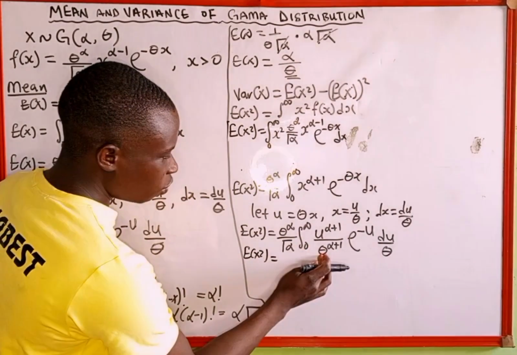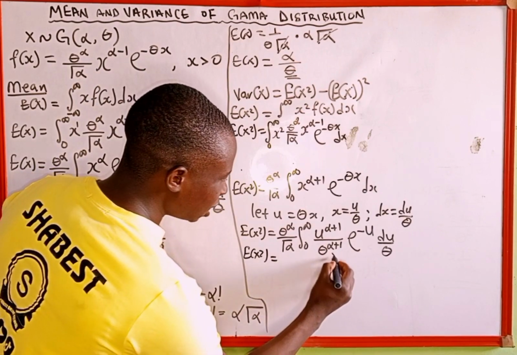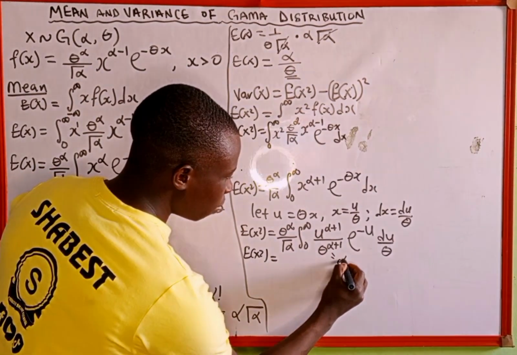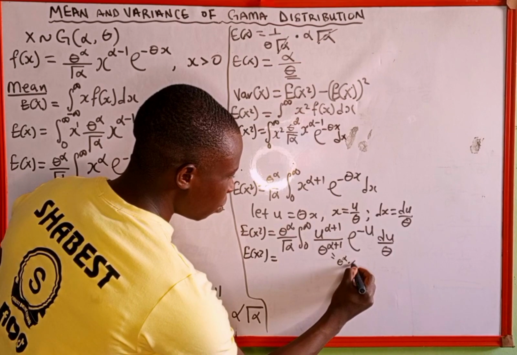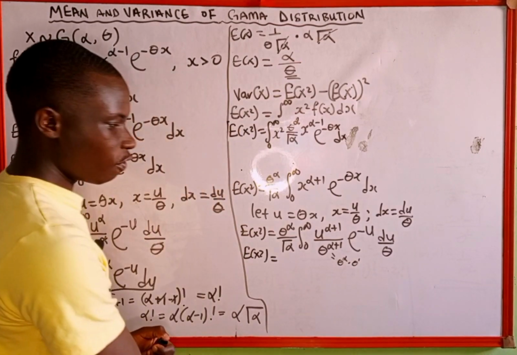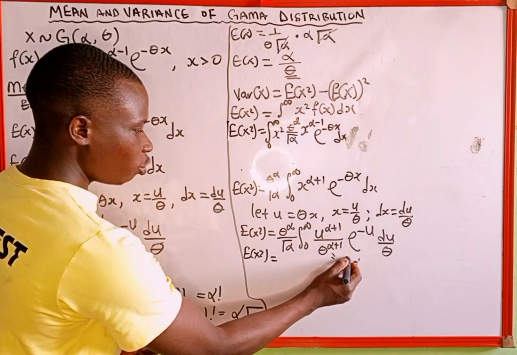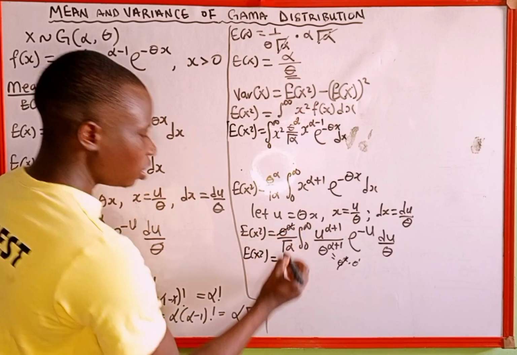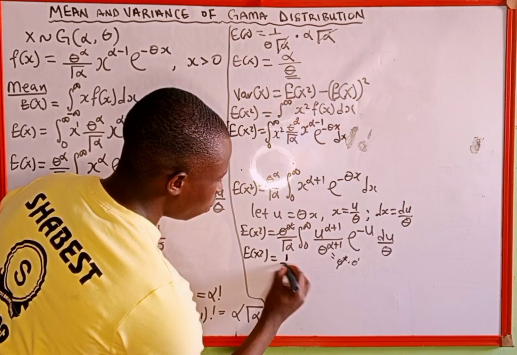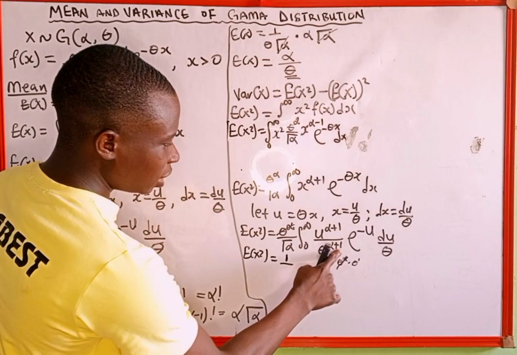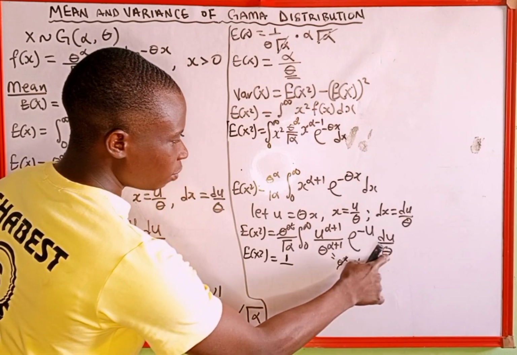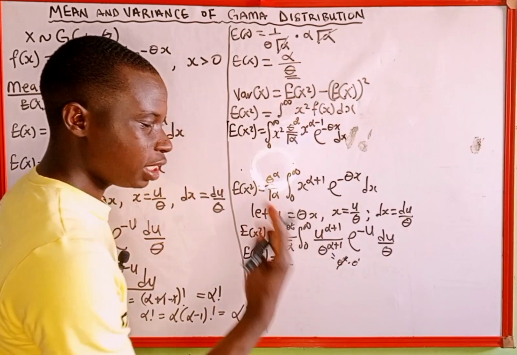So we're going to have expected value of x squared, which is equal to, this is going to cancel one of these, because this is the same as theta raised to the power of alpha multiplied by theta raised to the power of 1. So one of these is going to cancel this. We're going to have 1 all over, we have 1 theta left here. Then that theta multiplied by this theta is going to be theta square.